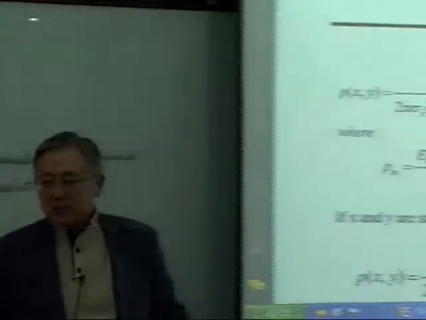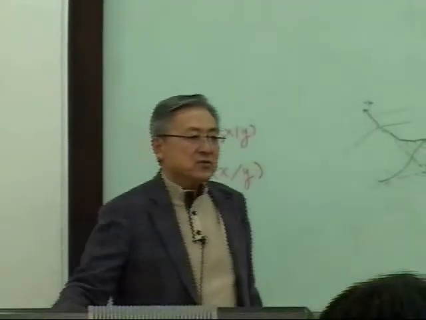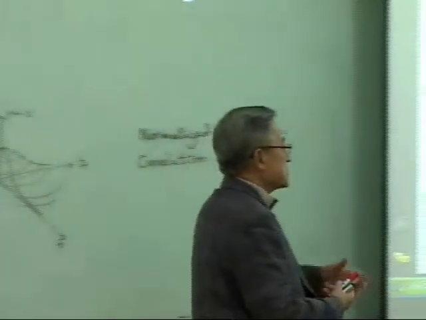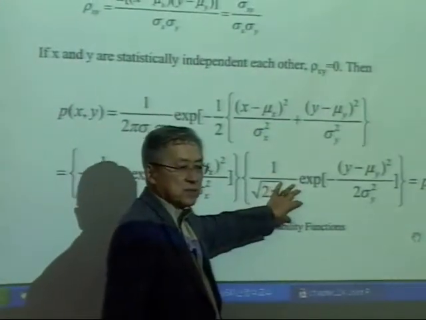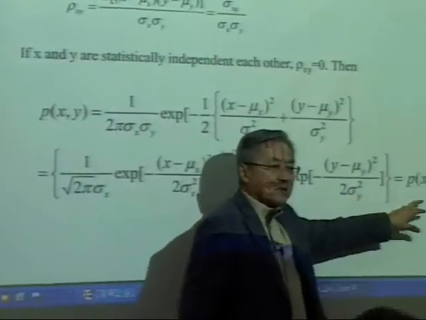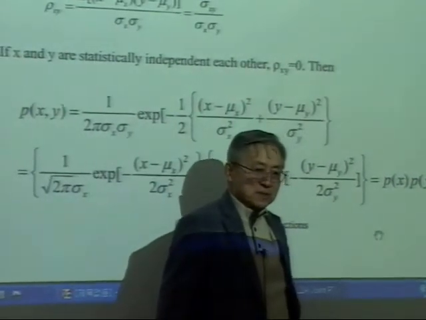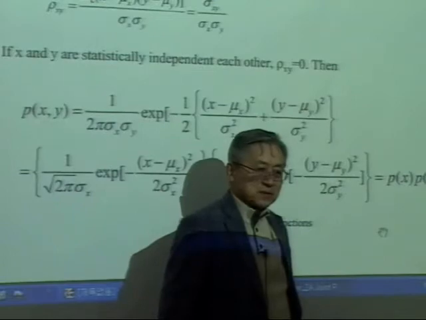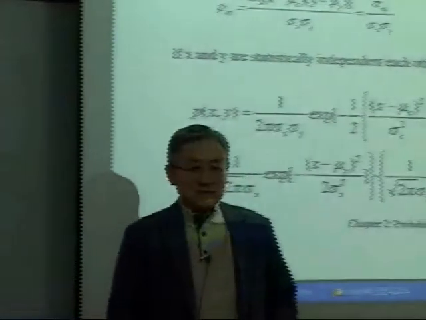And if x and y are statistically independent, you drop the last term, and this is simply the multiplication of two terms, p(x) multiplied by p(y), both Gaussian density functions, normal density functions. Okay?